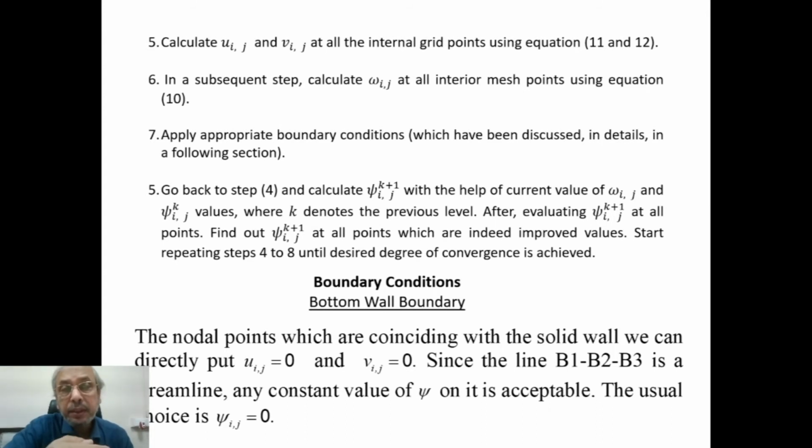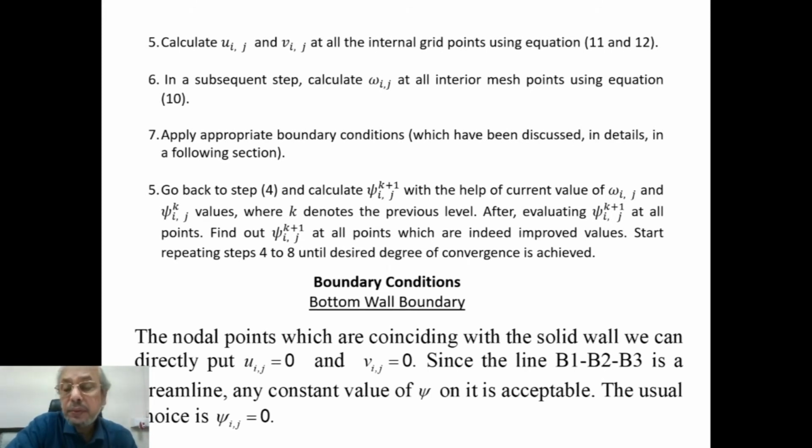We apply the boundary conditions and check whether psi has changed or not, through some comparison of psi at the previous level and psi at the new level, or omega at the previous level and omega at the new level, and till we get the desired convergence, we keep on doing the iterations. Now we have to discuss the boundary conditions.